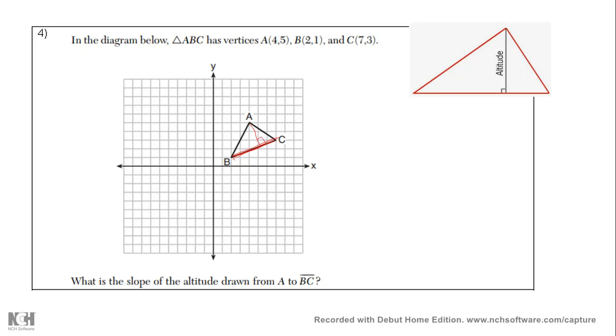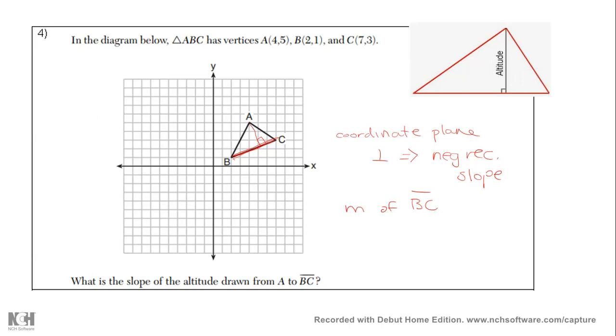Now, on the coordinate plane, we always have to think, well, if I'm on the coordinate plane, what do I know about perpendicular lines? That's right, they're perpendicular, so that means they are negative reciprocal slopes. So, if I can find the slope of BC, the negative reciprocal slope would be the slope of the altitude.